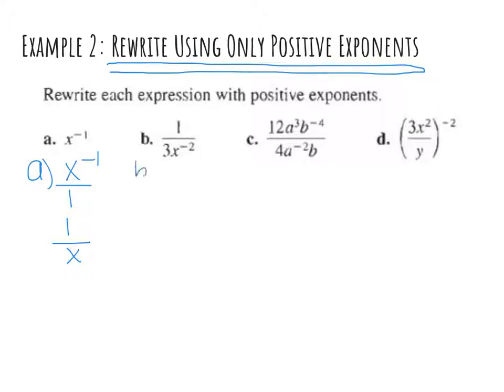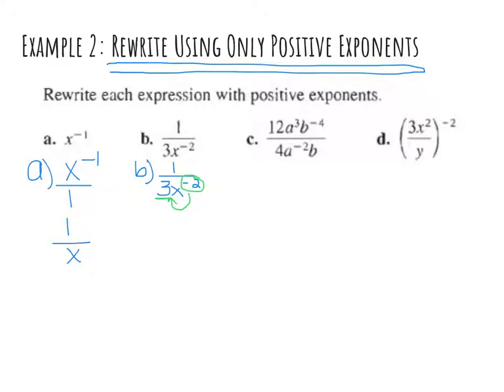With b, we have 1 over 3x to the negative 2. It's important here to note that the exponent negative 2 is only acting on the x. It is not acting on the 3.